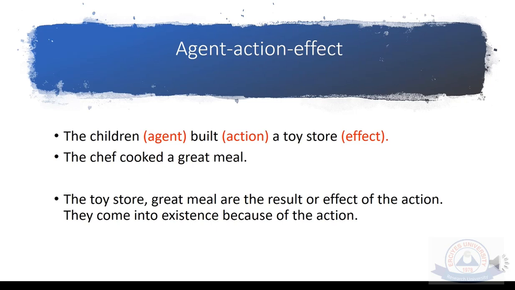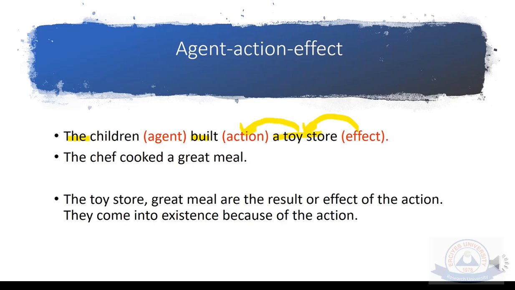So agent, action, and effect. Let's look at here. The children built a toy store. So the children is the agent, built is the action, and as a result of the action, there is a toy store. So this is the effect, not affected. This is the effect, the result of the verb, actually. The effect is the result of the action.